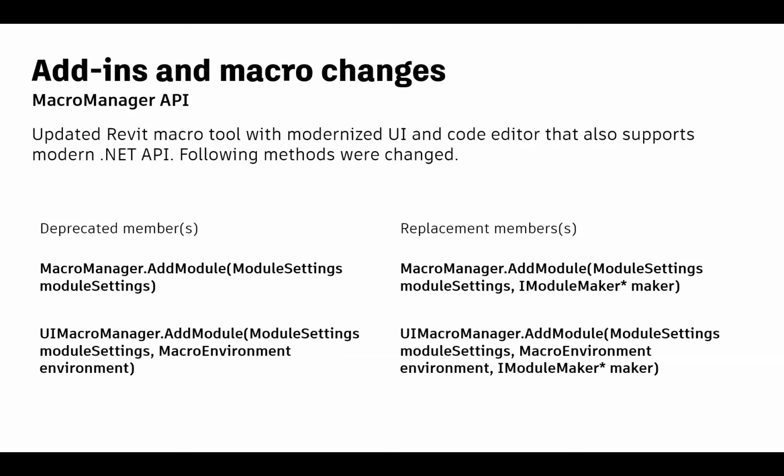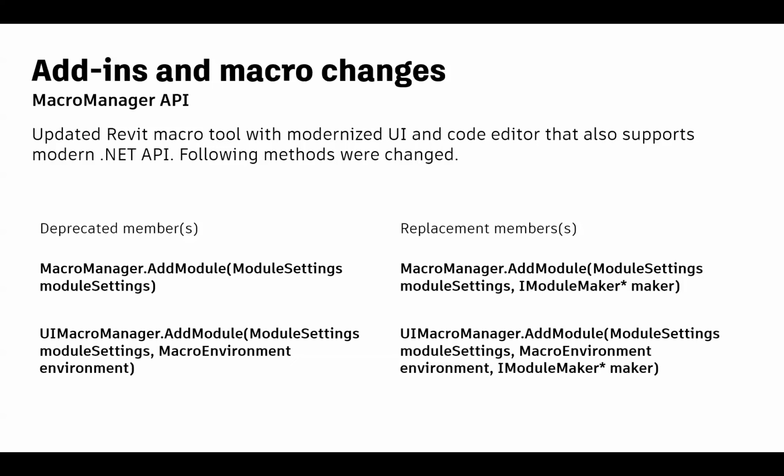First, we want to say that we changed our Macro Manager API a lot, updating the Revit Macro tool with a modernized UI and code editor that will support the modern .NET API. The following methods were changed.